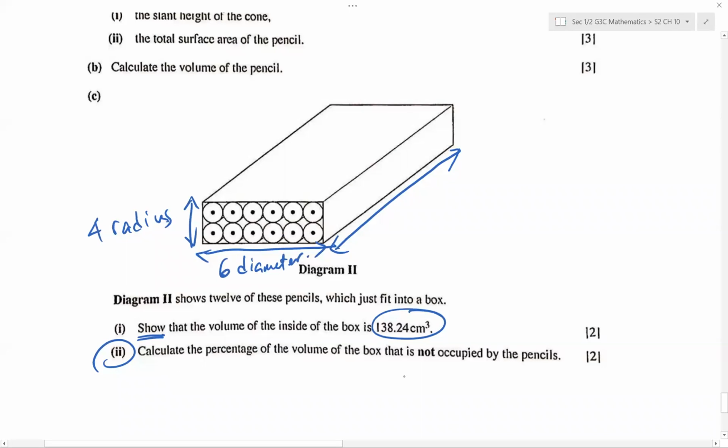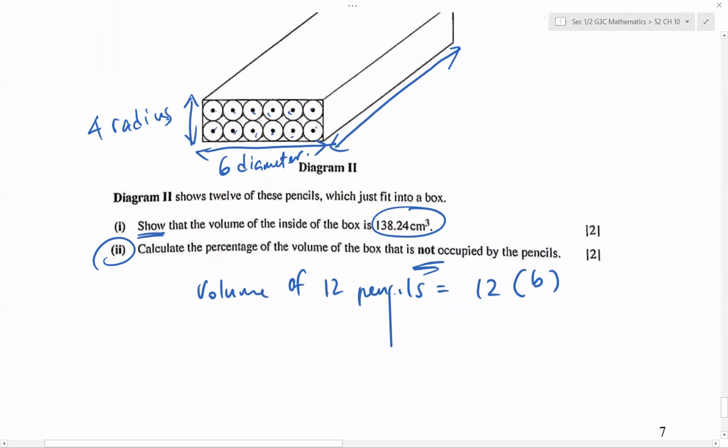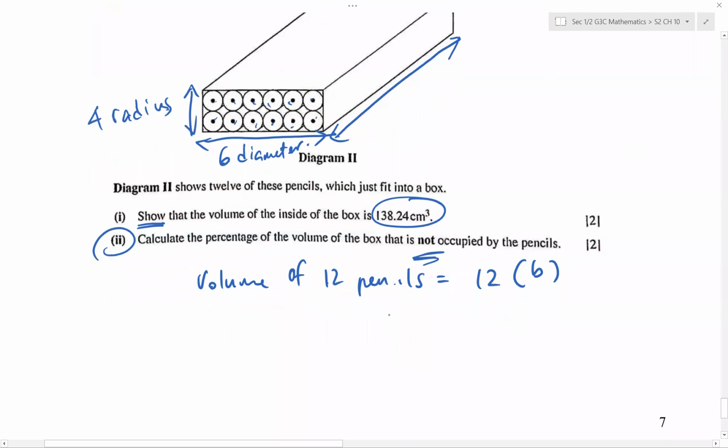Then the percentage of the volume that is not occupied by the pencil. So find the empty space. In part B, you have the volume of 1 pencil. What about 1, 2, 3, 4, 5, 6, 7, 8, 9, 10, 11, 12? 12 pencils, volume of 12 pencils equals 12 times the answer in part B. This is our answer in B. Once you get the volume of the 12 pencils, you can find the empty space very easily.